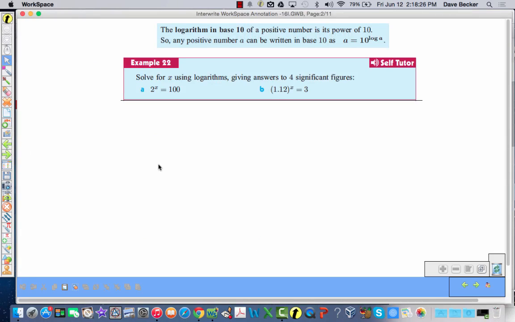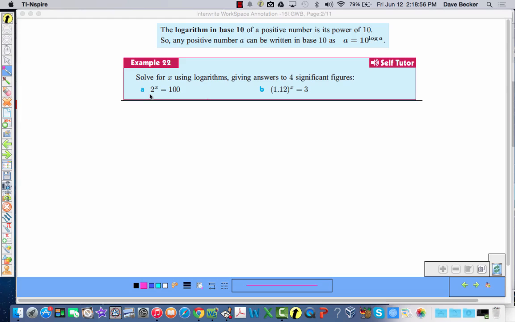So, quick example here, just to get used to this idea of how we can represent any number as 10 to the logarithm of that number. So, for example, solve for x using logarithms, giving answers to 4 significant figures. And I should probably fire up my calculator, which I forgot to start, but it'll be ready here in a sec. All right, so 2 to the x equals 100, okay?